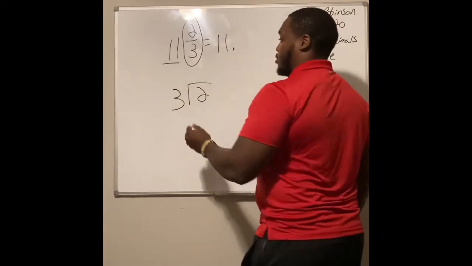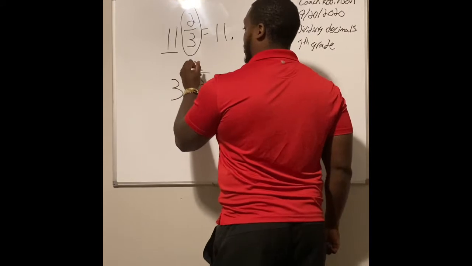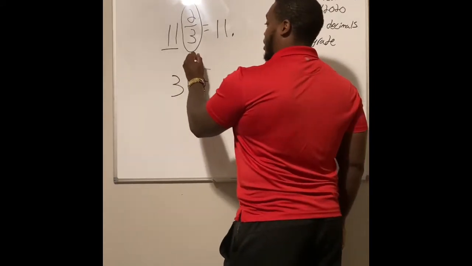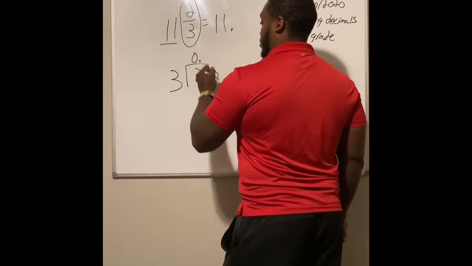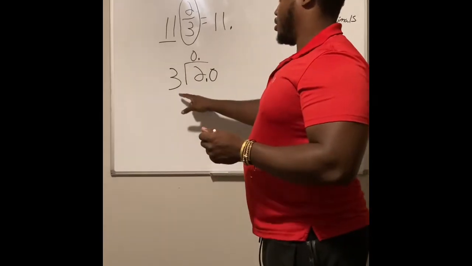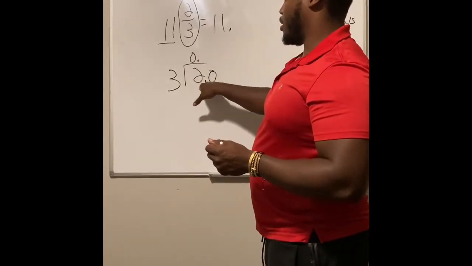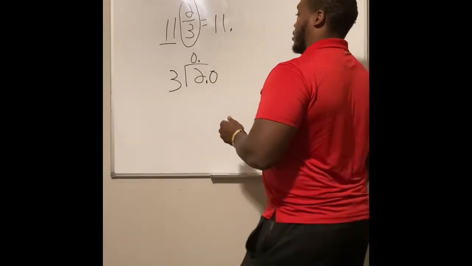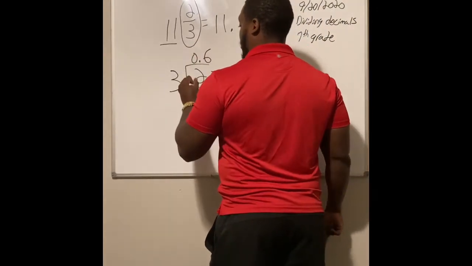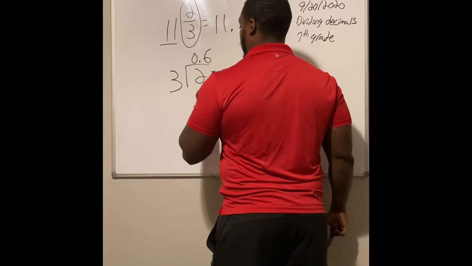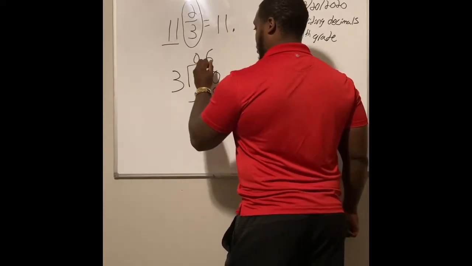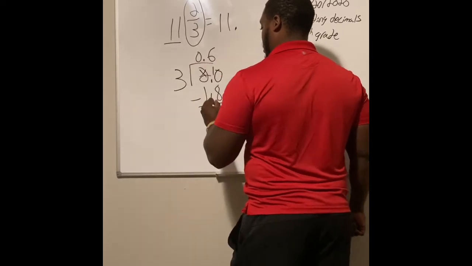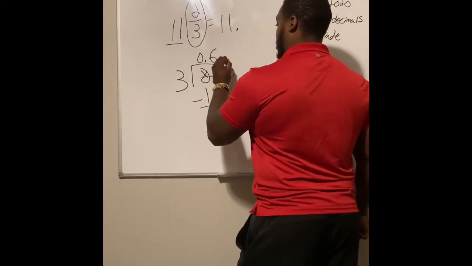3 cannot go into 2, therefore you put a 0 at the top. When you put a 0 at the top, you add a decimal, and you drop your decimal down, and then you add a 0 here. 3 goes into 20 6 times. Add another 0, drop it again.